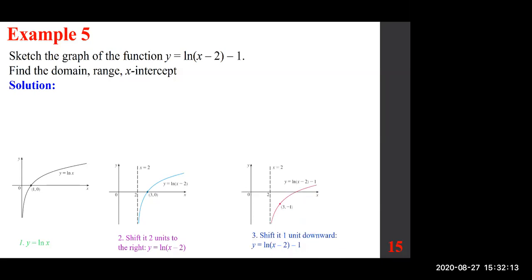So it's important to see the location of this intercept, which is now 3, -1. Those are the shifts. So as you can see from the graph, the domain is from 2 to infinity, range is all real numbers, okay?